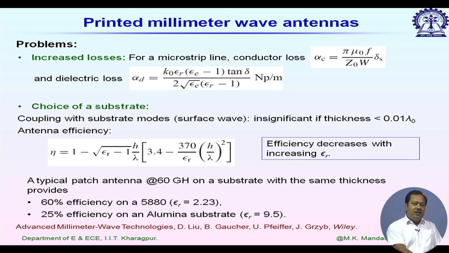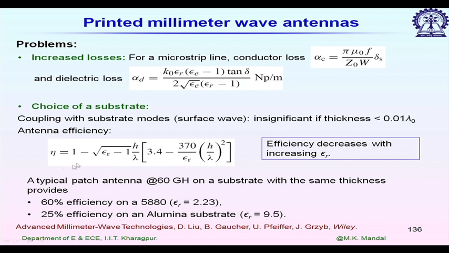Why does antenna efficiency decrease with increasing dielectric constant? Because when we increase the dielectric constant, it generates more surface wave. The thickness of that substrate is fixed, but in terms of lambda, the effective thickness is increasing with increasing epsilon r. For one typical example, take a patch antenna designed at 60 gigahertz on a substrate with the same thickness, but in two different substrates with different epsilon r.